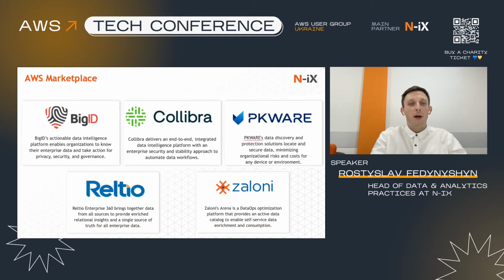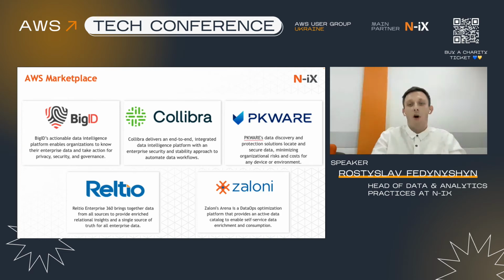One of the most popular already prepared solutions is Collibra. Collibra Data Intelligence Cloud is a system of record of data. Collibra delivers the only end-to-end integrated data intelligence platform. It's purpose built to automate data workflows and deliver trusted data insight to users.